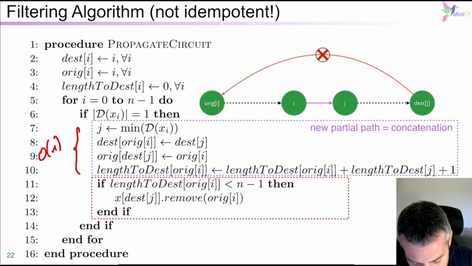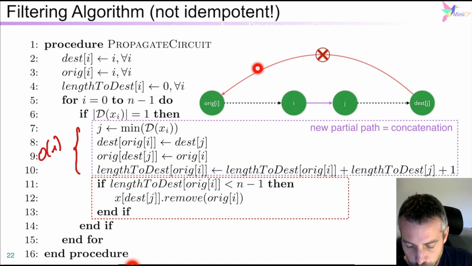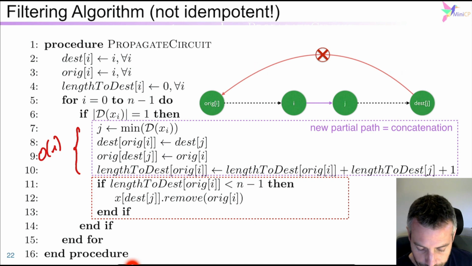And if the length to the destination here is less than n-1, we prevent closing this subtour. We prevent it by removing the value from the successor of the destination variable; we remove the origin i. Okay, and so that's the complete filtering algorithm that you can do to implement the partial path reasoning for the circuit constraint.